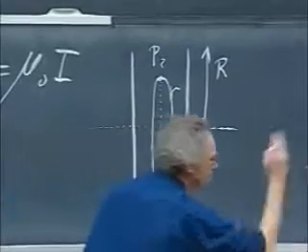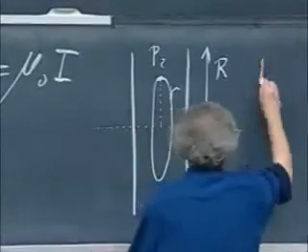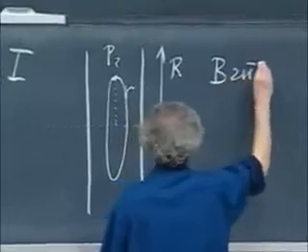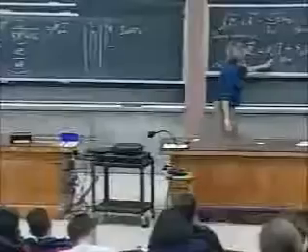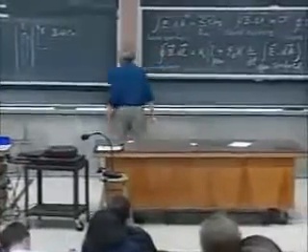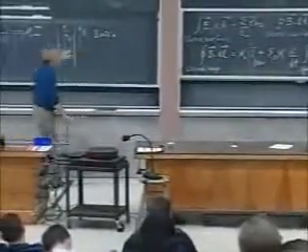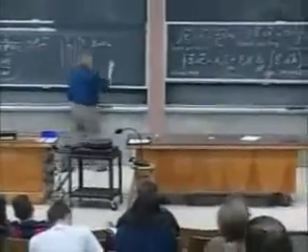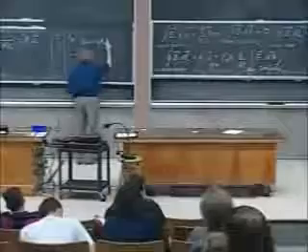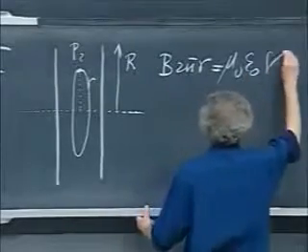I apply now the new law. B times 2 pi r. And there we go. We have a mu 0, we have an epsilon 0, we have a kappa. There's no current going through here, so I penetrating is 0, right? That's not even an issue. So we get mu 0, epsilon 0, kappa.